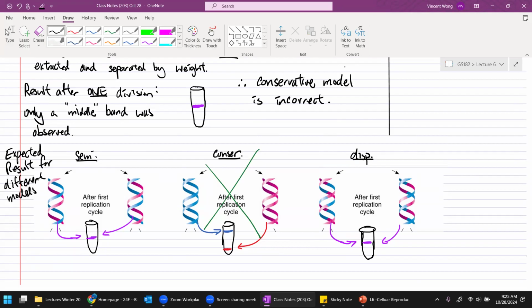The data does not distinguish one versus the other. And that is why they had to do another division. That's why they have to let the E. coli do another round of division.